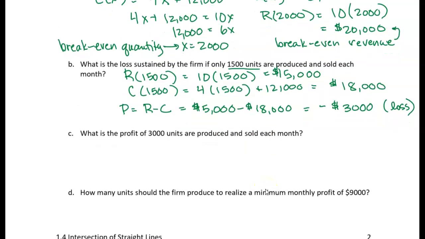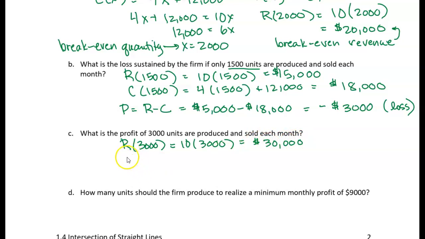So what happens if we make 3,000 units? We make and sell. Of course, we have to assume that we're selling these. If we sell 3,000 units, we can calculate our revenue at 3,000. That's going to be just $10 per unit times the number of units, which gives us a revenue of $30,000.